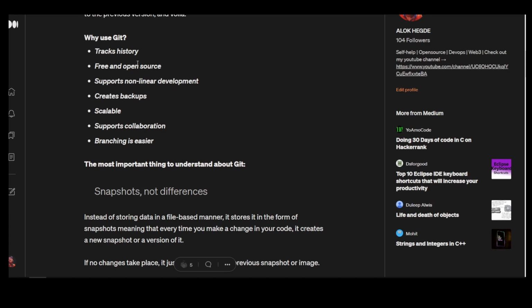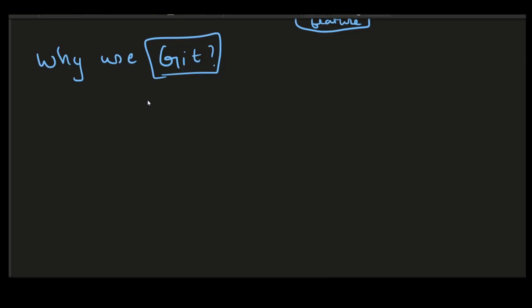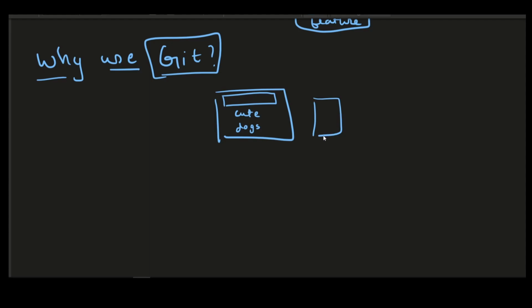It sounds very difficult. What does that even mean? Yeah, so non-linear development means that, imagine you have your website, right? Your website is about cute dogs. Okay. Now you want to create the same thing on your mobile as well.